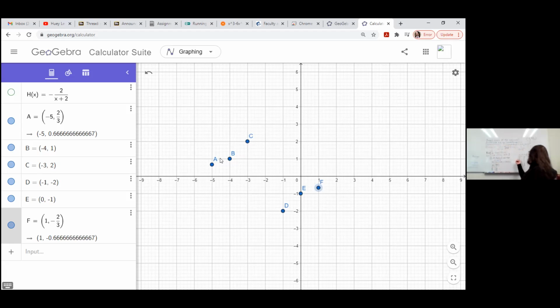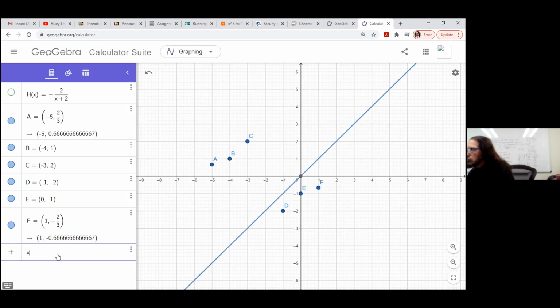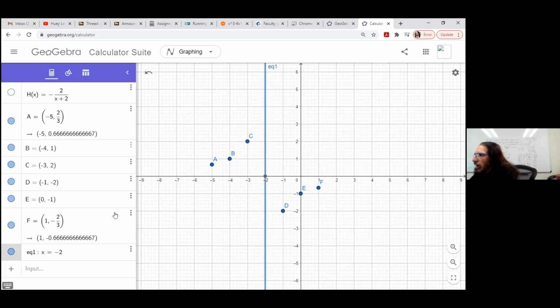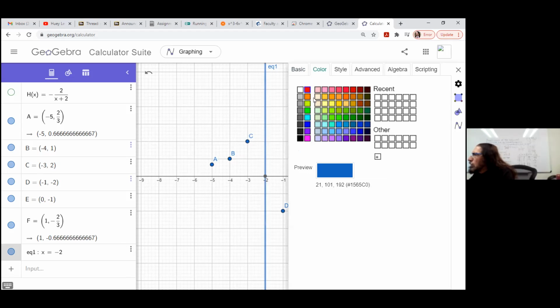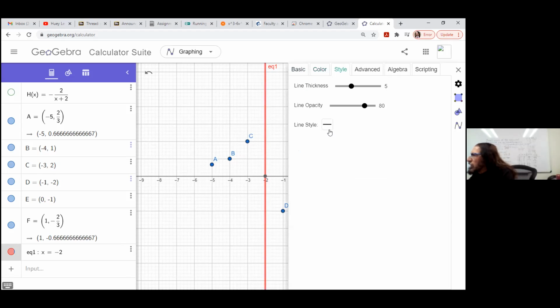Well, we already know that x equals -2 is going to give us a vertical asymptote. Show that as a dashed line in a different color because it is not part of the rational function's graph. It's just related to it. There we go.